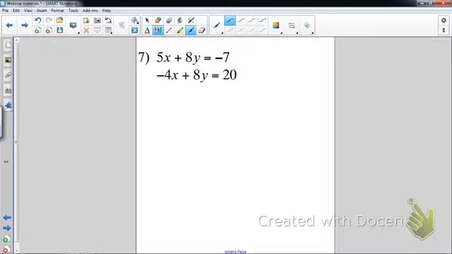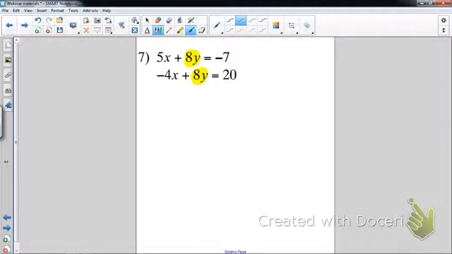What I do notice, what I'm going to highlight right now, is that I have 8y and 8y. And if only one of these could be a negative, then I could eliminate them. So that's what I notice here. Math allows us to do whatever you do to one side, you can do to the other side.